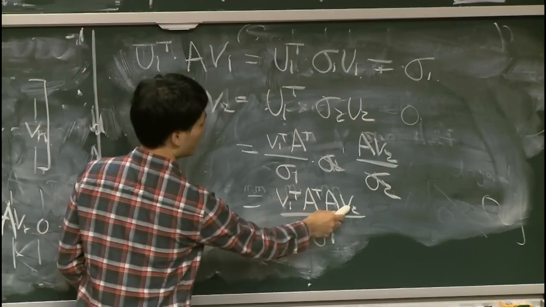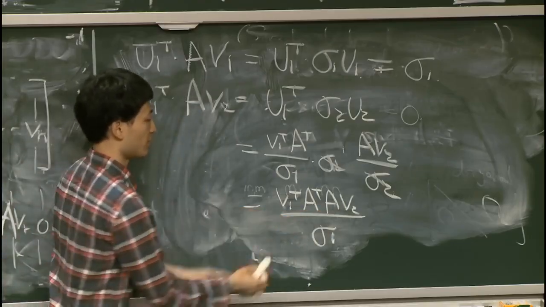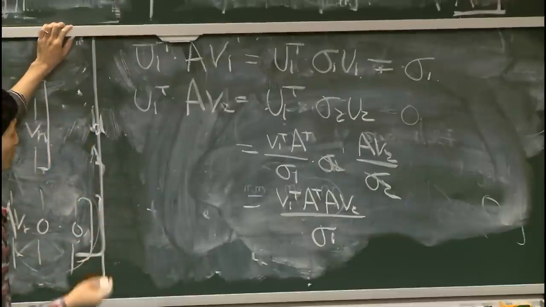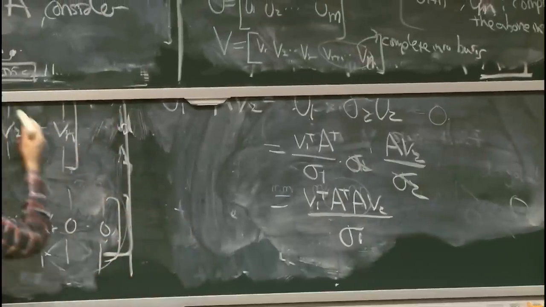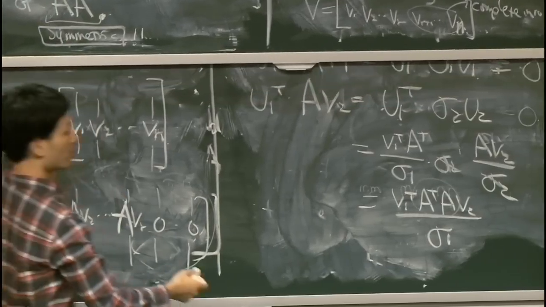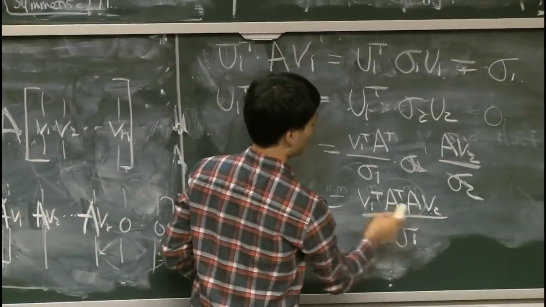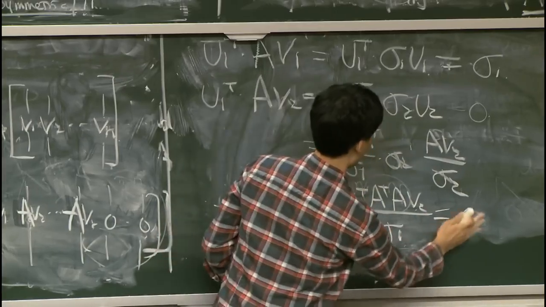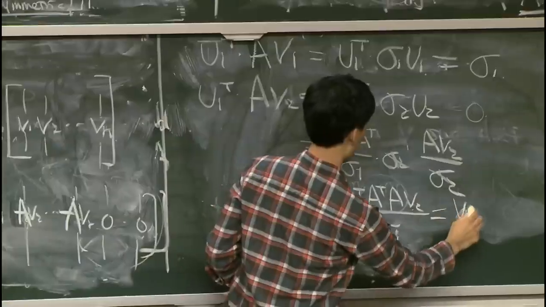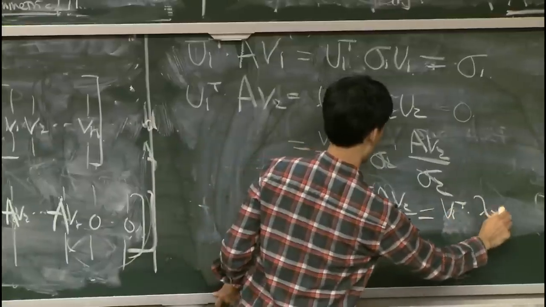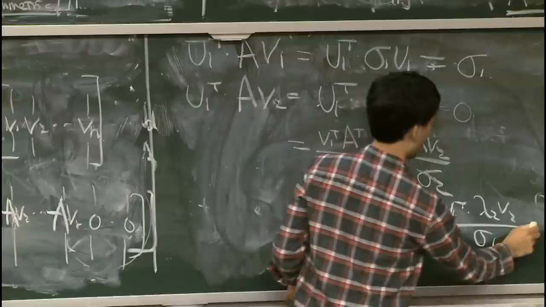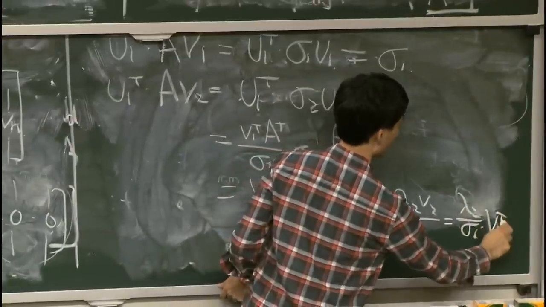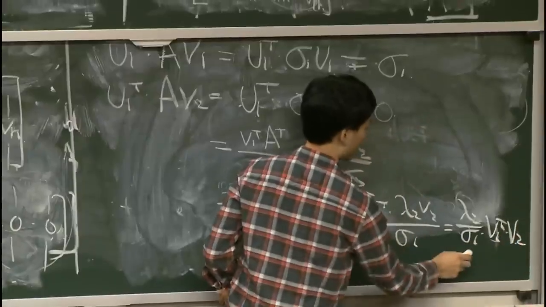But V1 and V2 are two different eigenvectors of this matrix. In the beginning, we have an orthonormal decomposition of A transpose A. That means V1 transpose times V2 has to be equal to 0. We have V1 transpose times lambda 2 V2 over sigma 1. So we have lambda 2 over sigma 1 times V1 transpose V2. These two are orthogonal, so we have 0.